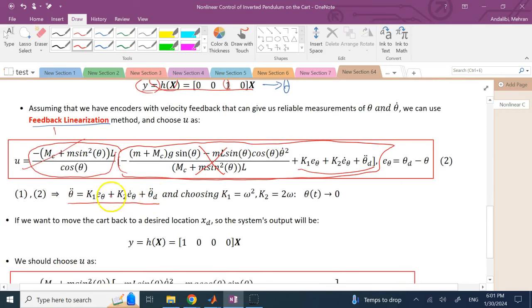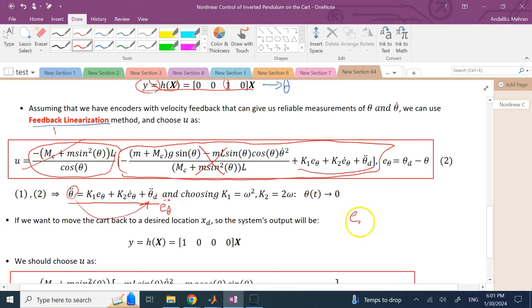And as you can see, this is clearly a linear system. This is absolutely a linear system. There is no nonlinearity in it. And if I bring this theta d double dot to the other side, theta d double dot minus theta double dot will become error theta double dot.